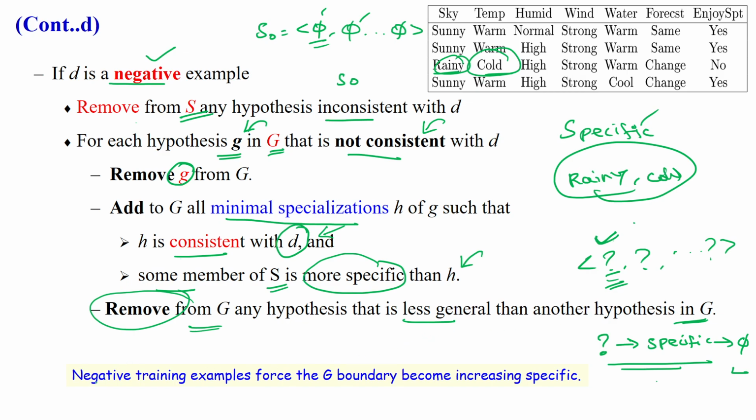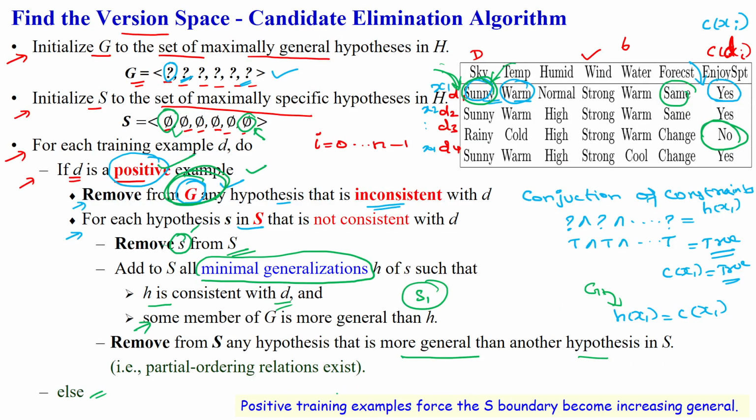Here the negative examples force the general boundary to become more specific with each and every iteration. Like that, the positive training examples force the specific boundary to become more general as the number of iterations increases in the candidate elimination algorithm. This way will give you more hypotheses, right, that are consistent, which is called the version space, by using the candidate elimination algorithm.